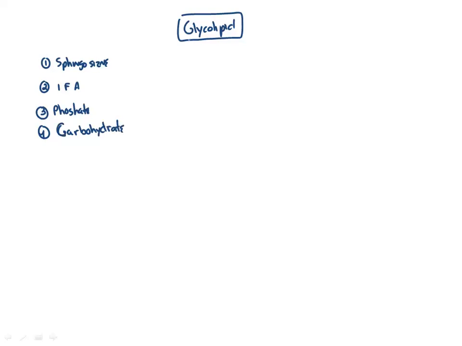And so that's where the glyco comes from, because remember, glycosidic means the bond between carbohydrates, and so a glycolipid has a carbohydrate in it. And so what we get for a general structure for those, I'm not going to draw the reaction. I think you guys have that point down now.